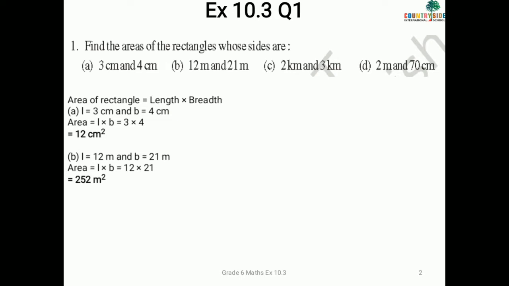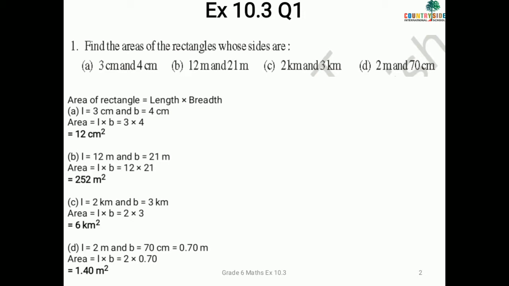In the similar way, area of C, length into breadth, 2 into 3, that is 6 kilometer square. Now for the D part, that is 2 meter and 70 centimeter. So here length equals 2 meter and breadth equals 70 centimeter, that is 0.7 meter.